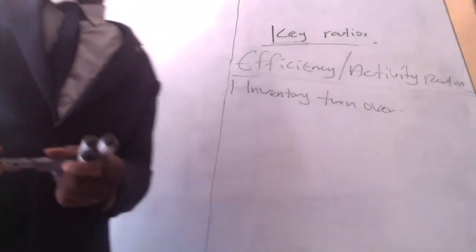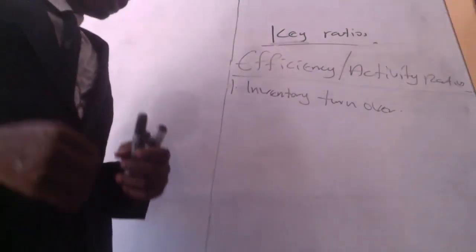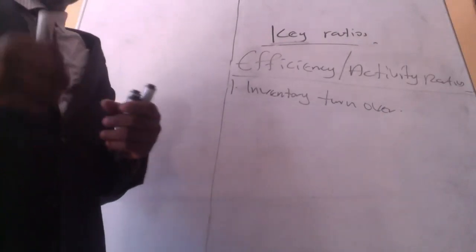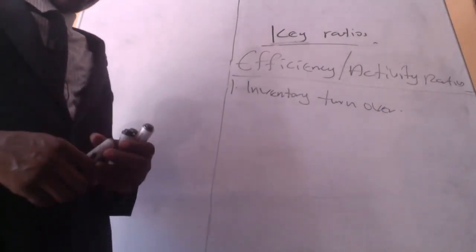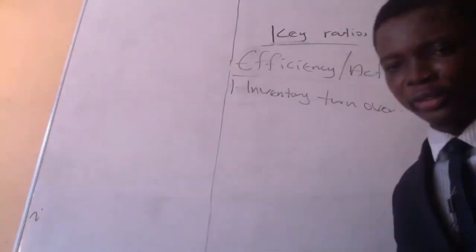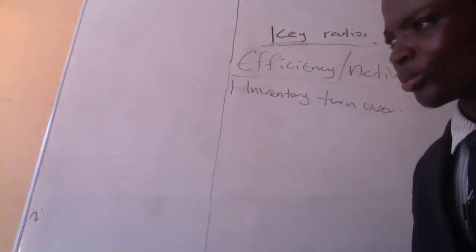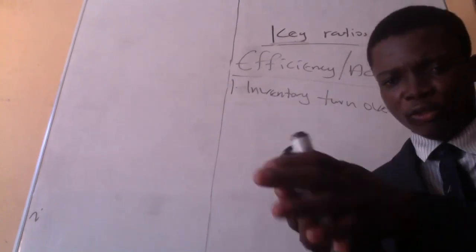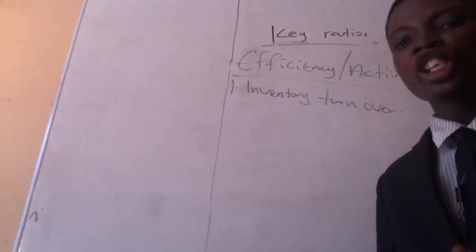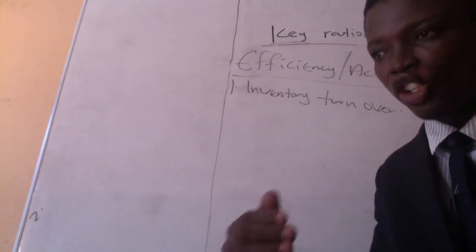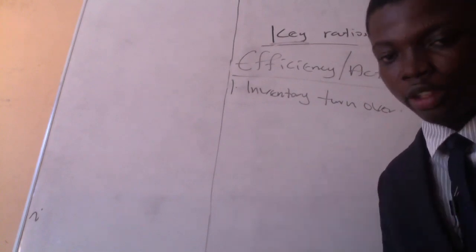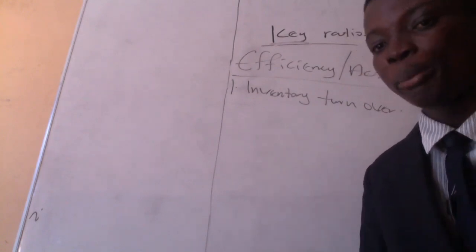Inventory turnover. Now, this ratio analyzes how you turn over your inventory, if I should use a direct meaning: how you replenish your stocks, how long it takes you to sell your goods after purchase.